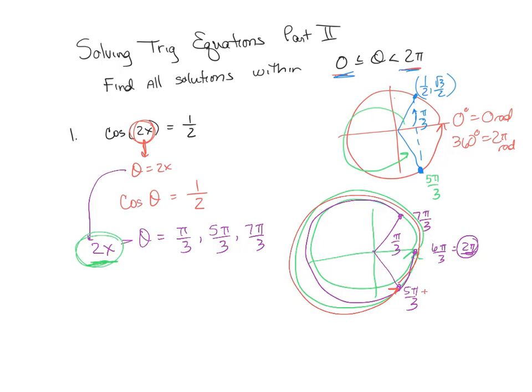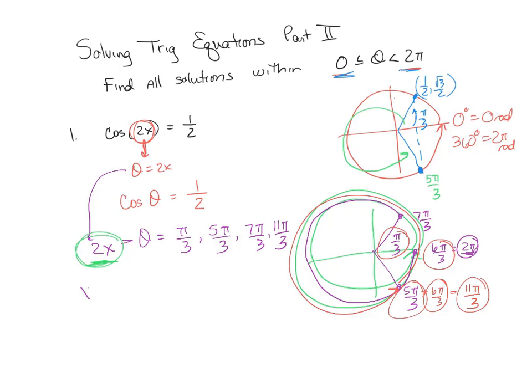If you add 2 pi, which is 6 pi over 3, you're going to get 11 pi over 3. So I took pi over 3 and added 2 pi, which gives me 7 pi over 3. I took 5 pi over 3 and added 2 pi, and that gave me 11 pi over 3. So I have 2x equal to these 4 options.